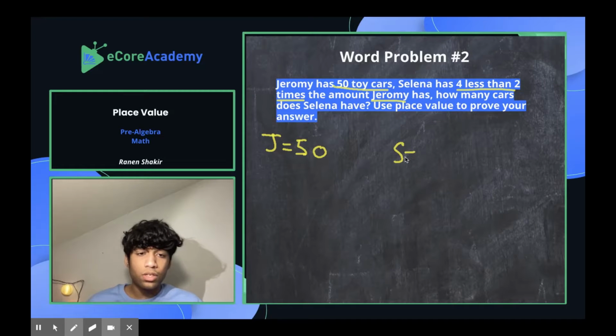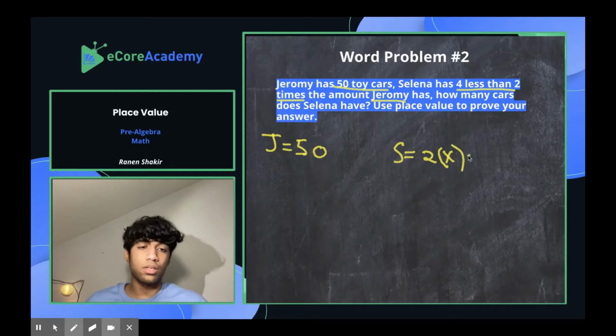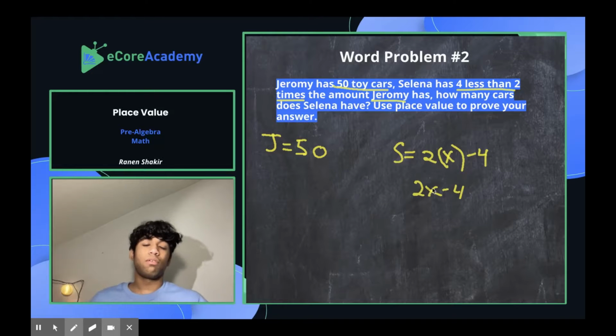So Selena, we're going to say Selena is S. And if Selena has 4 less than 2 times, the way we write this is 2 times x, I'll explain in a second, minus 4, which is the same thing as 2x minus 4.